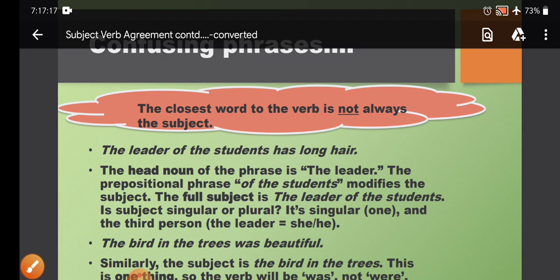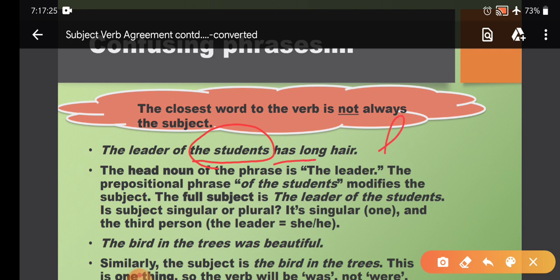Now, what happens with you children? You just get confused with the word students and then you use have because it's plural. A plural subject takes a plural verb, but you have to identify the subject first.